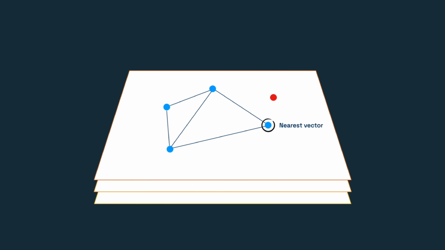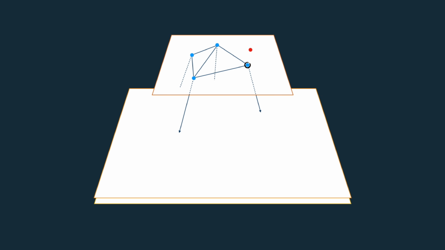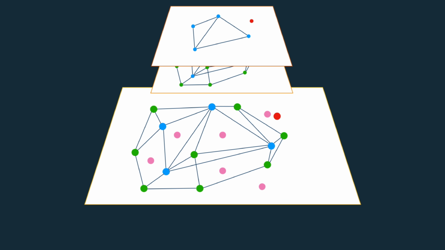Once you are at the best position in that layer, you drop down to the next layer. This one is denser. It includes the 100 vectors from above, plus several hundred more, maybe 400 in this case. You continue the same search strategy. From your starting point, explore neighboring nodes and move toward the one closest to the query vector, refining your position as you go. Finally, you reach the bottom layer, which includes all 1,000 vectors in your dataset.